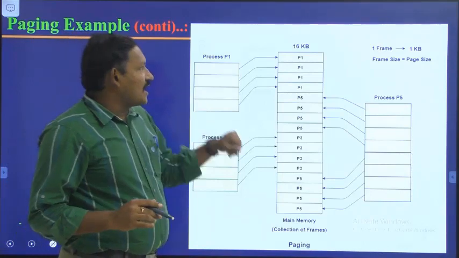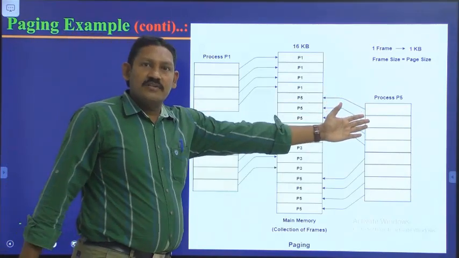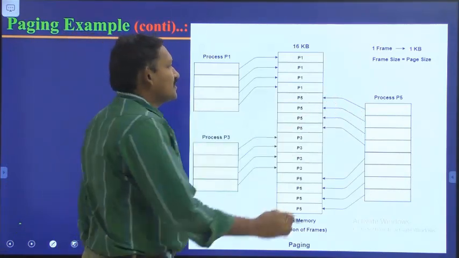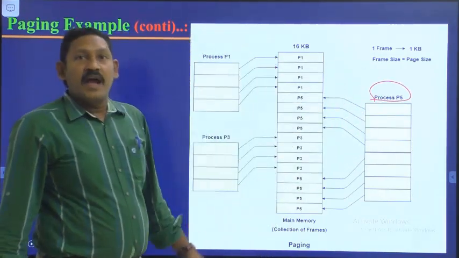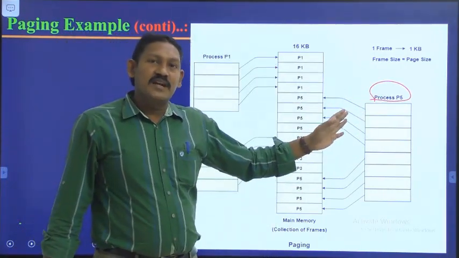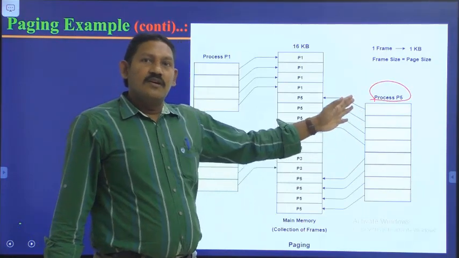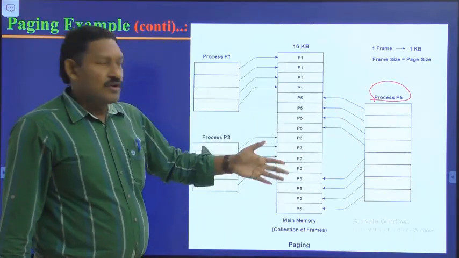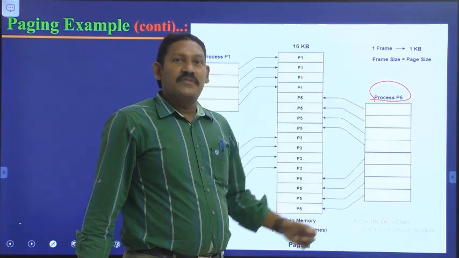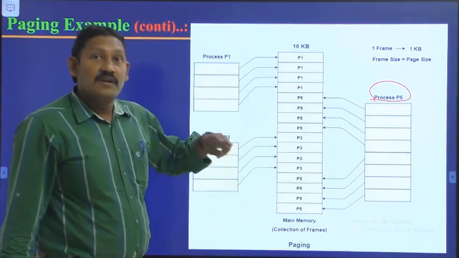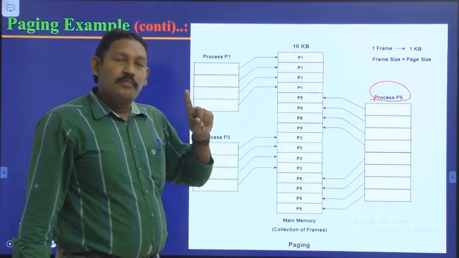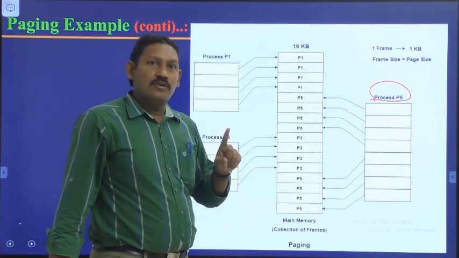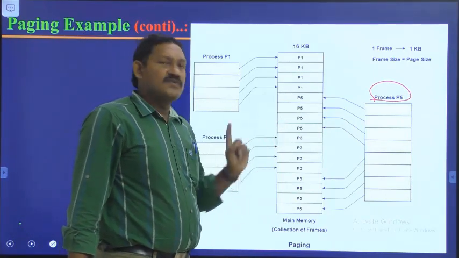See here, in that empty space, we have a new process, P5, and the process P5 is divided into different parts. Okay, we simply call them frames now. So here it has 8 frames. We have removed process P2 and P4 in the previous example, so totally 8 spaces were there.